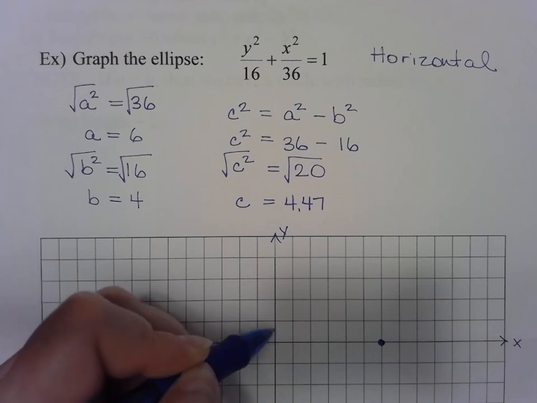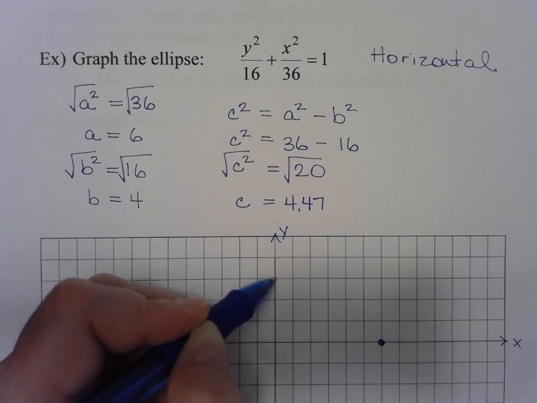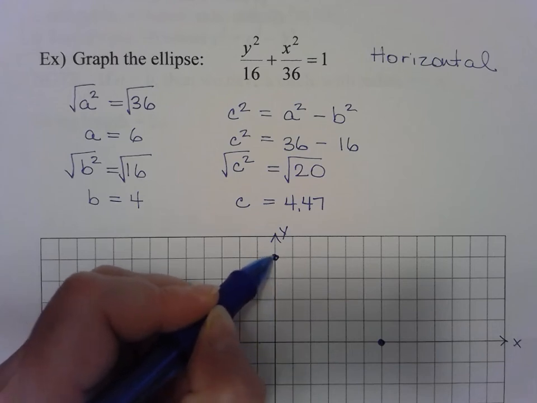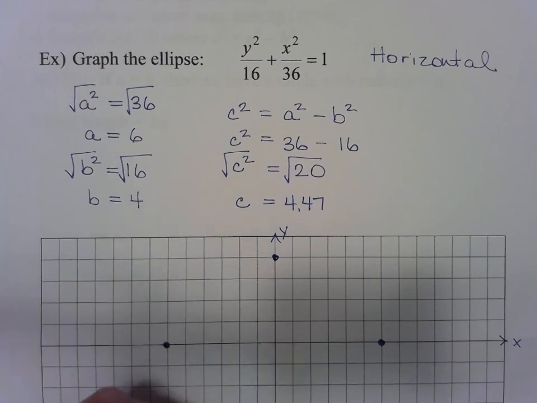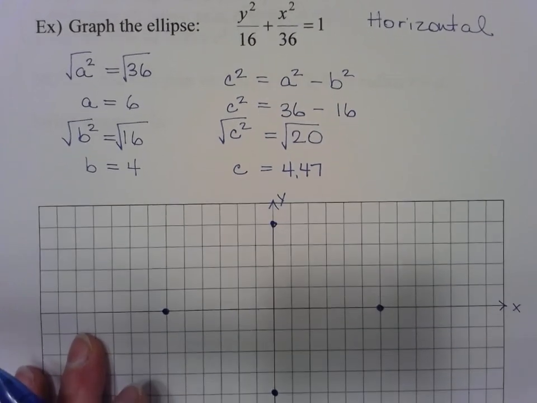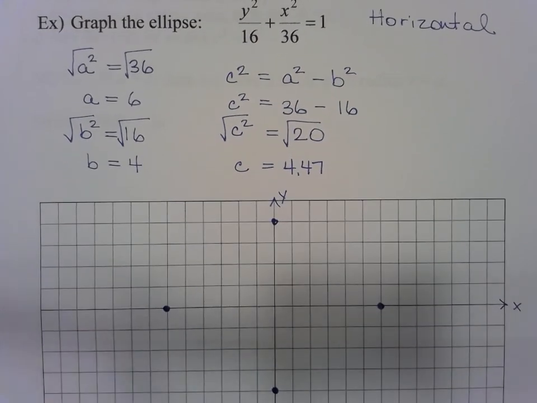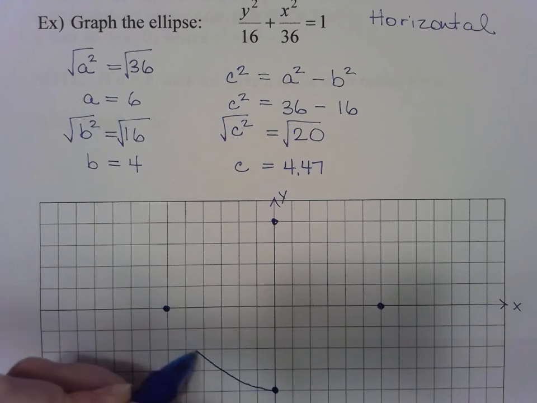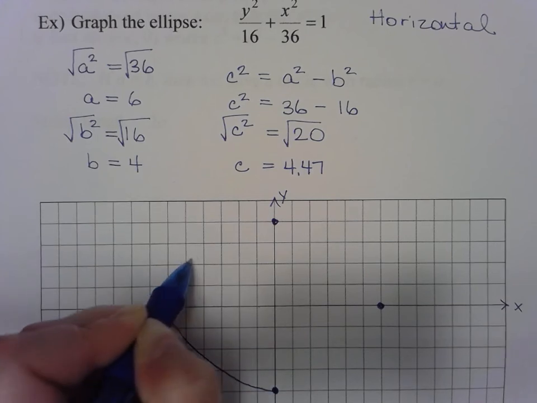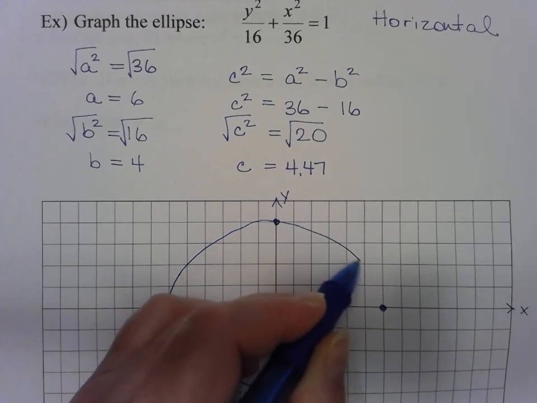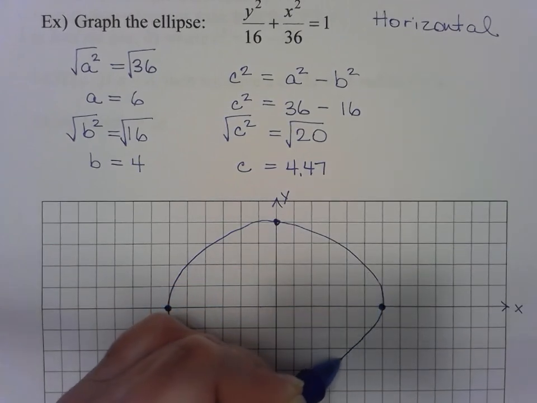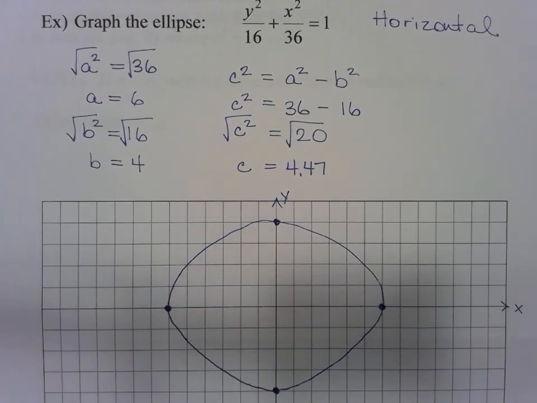The endpoints of the minor axis are on the y. So that's going to be at 4 and negative 4. So we'll draw the ellipse. This one's not as thin as the last one, but it is not a circle. So it looks sort of like that.